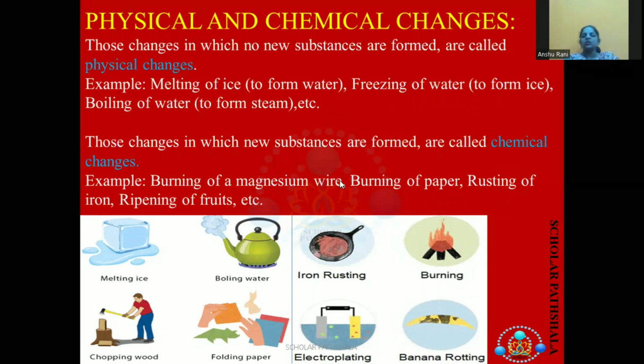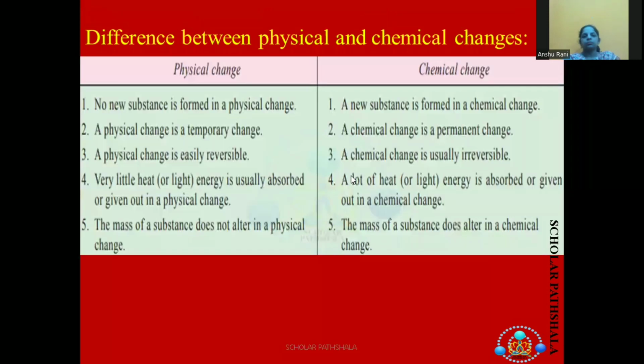A chemical change is that in which a new substance with entirely new chemical properties is formed. Like burning of paper, in which you get ash, which can't be converted back to form paper. Then we have the difference between physical and chemical changes. In physical change, no new substance is formed.